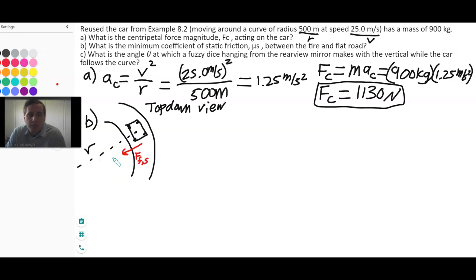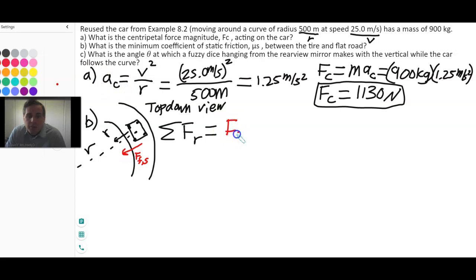You might even be interested in drawing the positive radial axis this way towards the center, like this. The reason that's important is because if we were to do Newton's second law, the sum of the forces in the radial direction, the force of static friction is our only force.